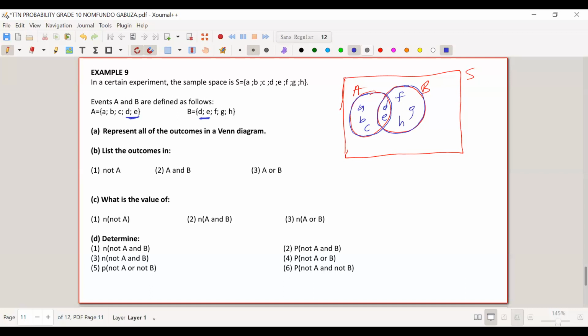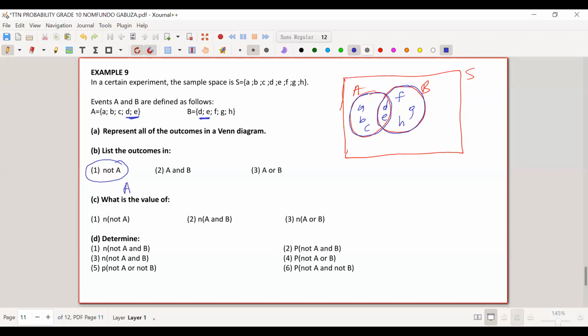So this is the solution. Then for B says list the outcomes in. Okay, so let's start with this part. Not A. Not A means the complement.